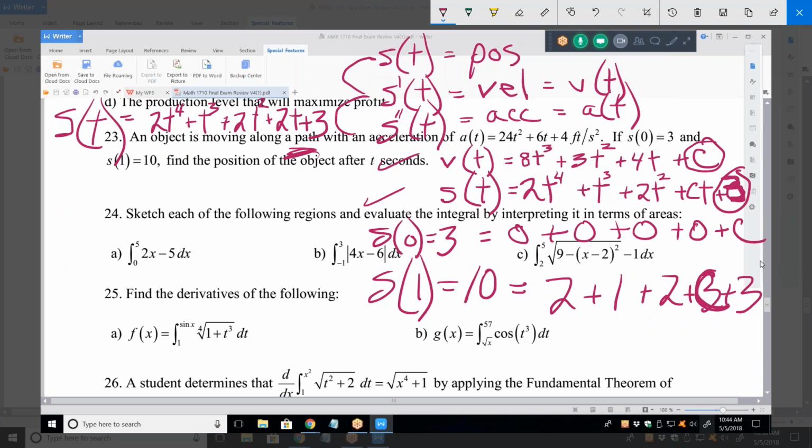Furthermore, we can differentiate that twice and come up with the acceleration function that is precisely that. So after doing all those checks, if you were working for the Mars mission and you wanted to know exactly what the position of the object is after t seconds, that's what it is. After t seconds. Go ahead and look it up, make sure we got the right math.